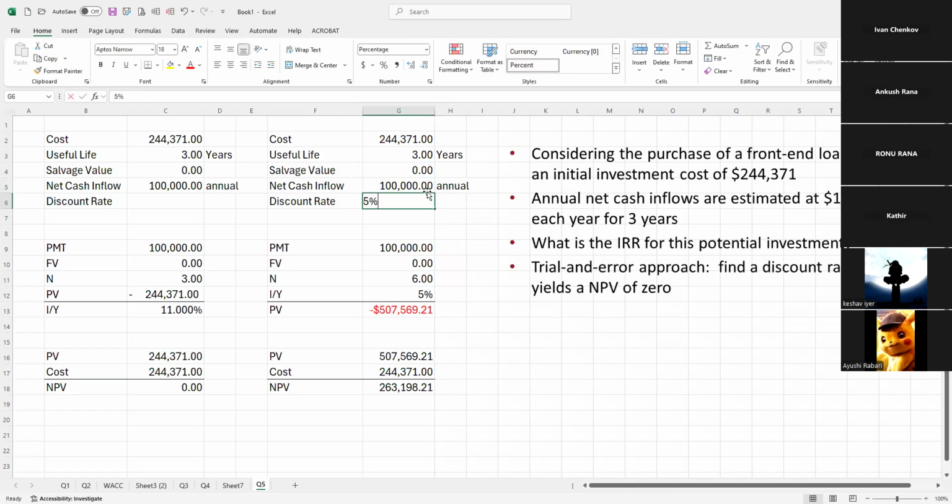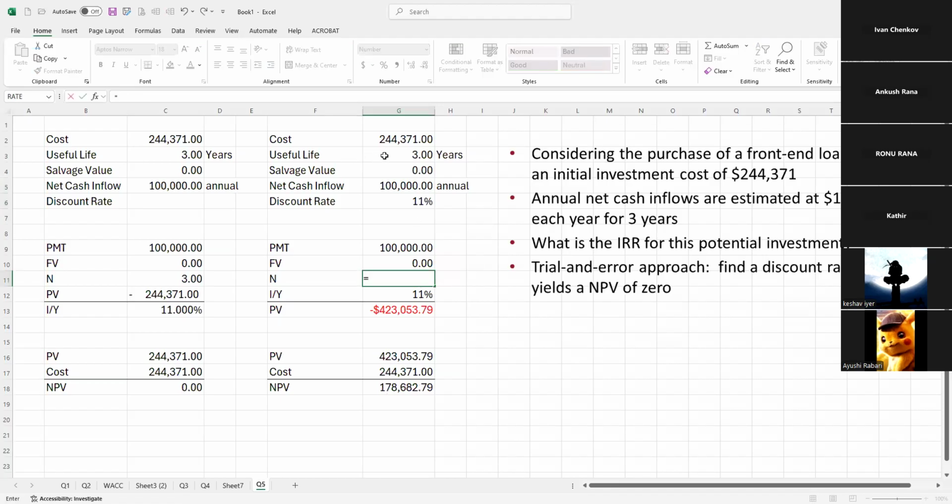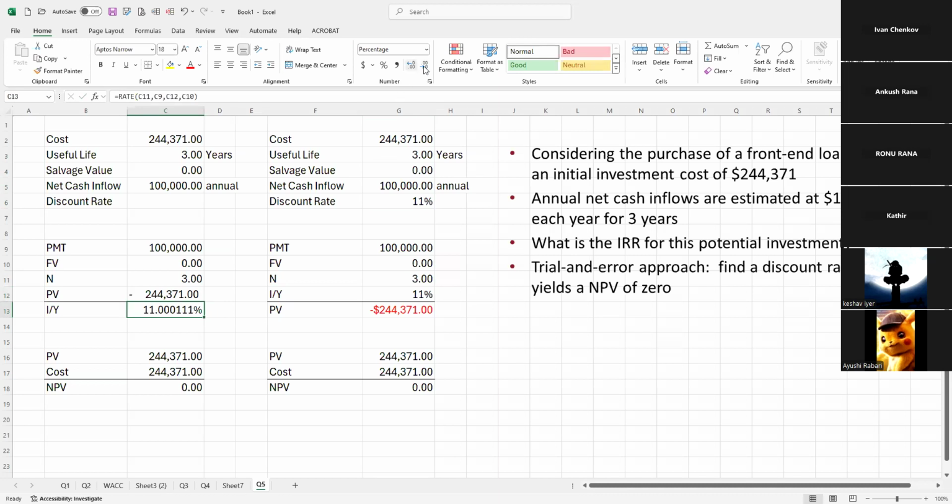And we want 11%, right? So the only thing I have to change here is the useful life, 3 years. If it's equal to this number exactly, it's going to give us exactly, because somewhere it's going to have some decimals. Here we go. Right? It's not 11.000111, and then if we eliminate those ones.